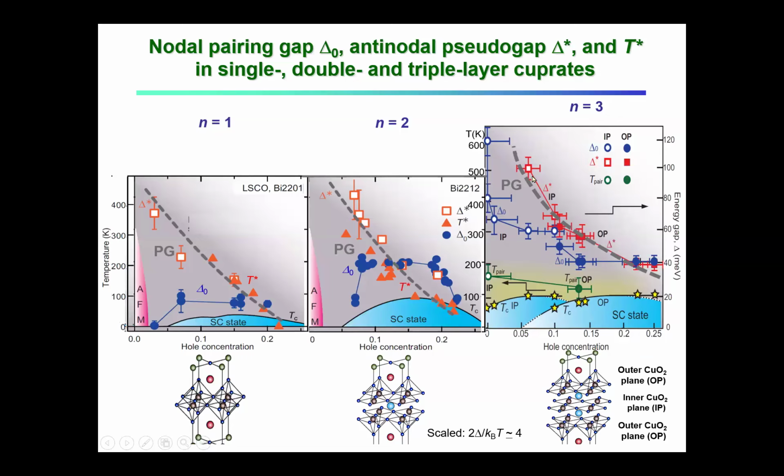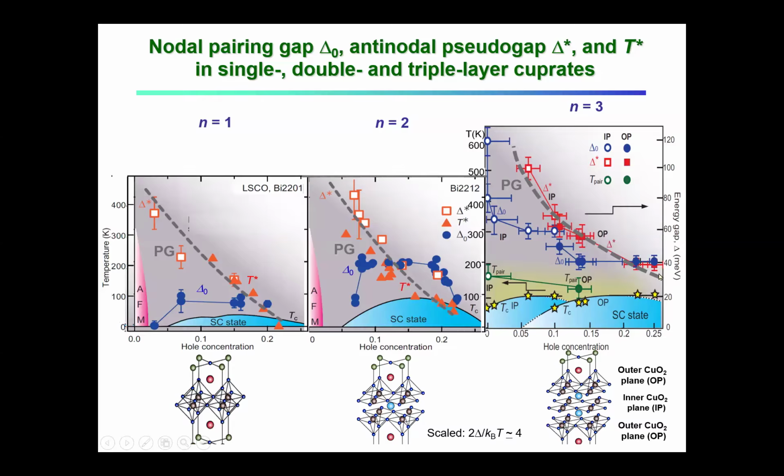The white circle and square are from the inner plane. This is located in very low doping and very large energy gap, or pseudogap and pairing gap, nodal gap. And this region is from the outer plane, mainly outer plane, filled circles from the outer plane.